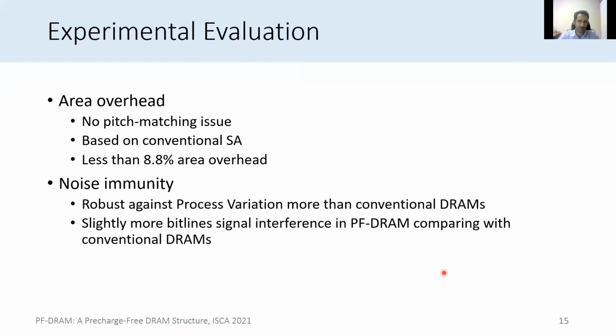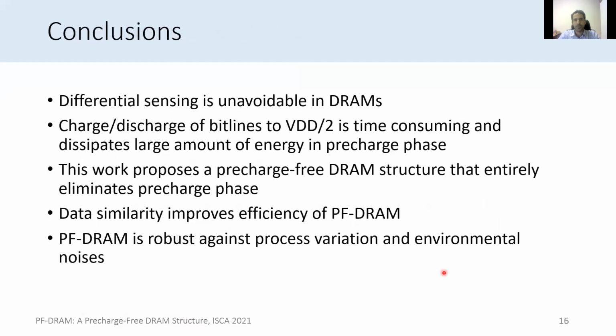And based on our evaluation, PF-DRAM is even more robust against process variation compared to conventional DRAMs, but it is slightly more sensitive to the internal signal interferences between bit lines because the voltage swing on bit lines is larger than conventional DRAMs. But this can be well handled by controlling bit line charge and discharge speed.